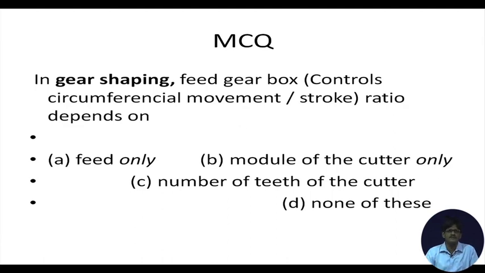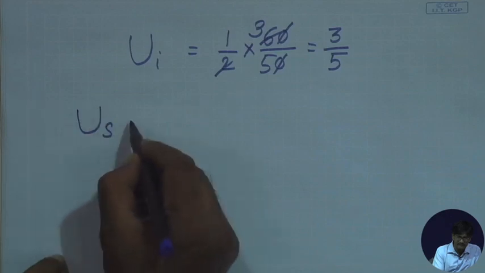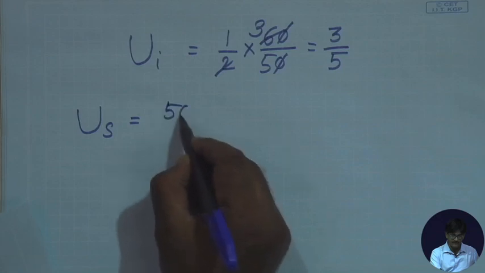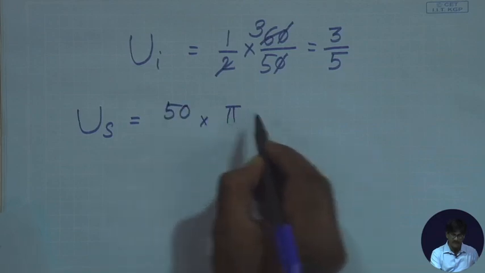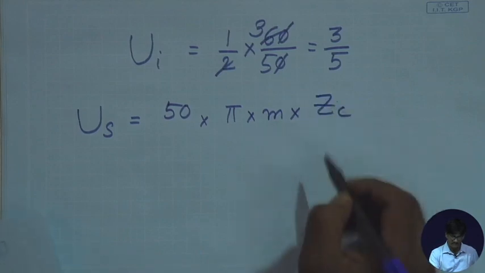Feed gearbox depends on the feed only. Now, first of all, you will say feed gearbox, what was the expression? So, let us quickly recall the expression. It was something like this: US was equal to 50 into pi into m into ZC. Okay.